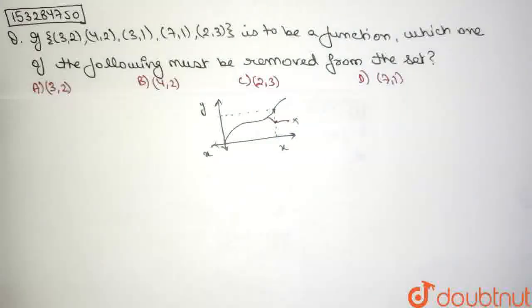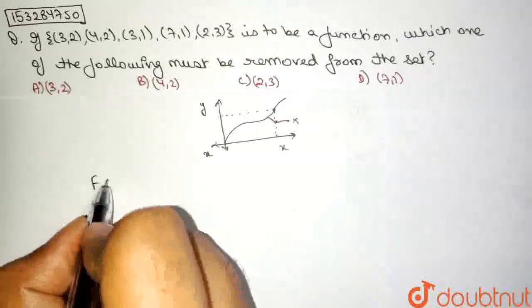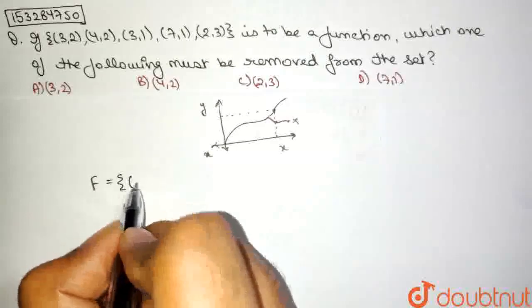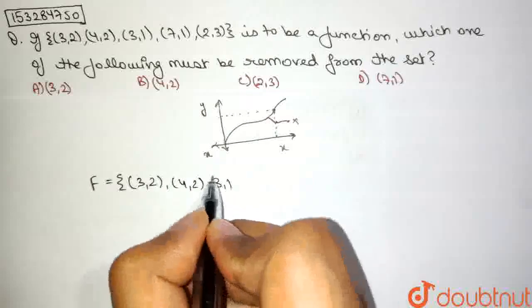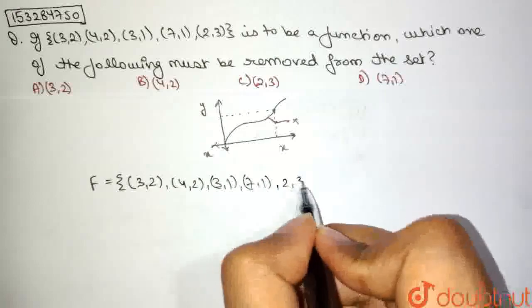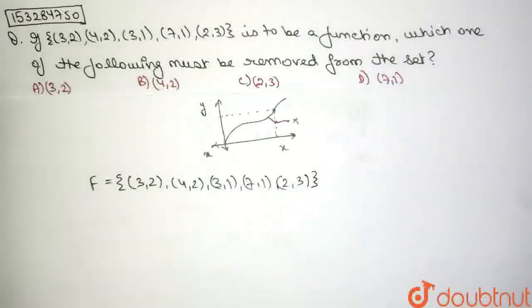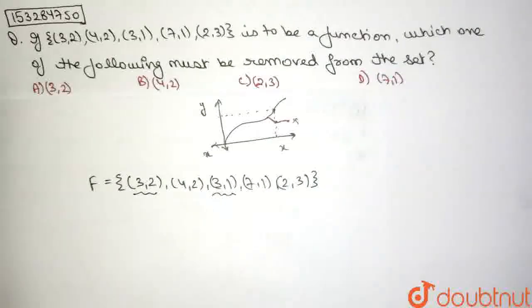Now, if we look at this particular function which has been given to us in the question, let us test this. So let's call this function f, and the elements are (3, 2), (4, 2), (3, 1), (7, 1), (2, 3). Now, we see that these two elements (3, 2) and (3, 1) both have 3 as their first element.